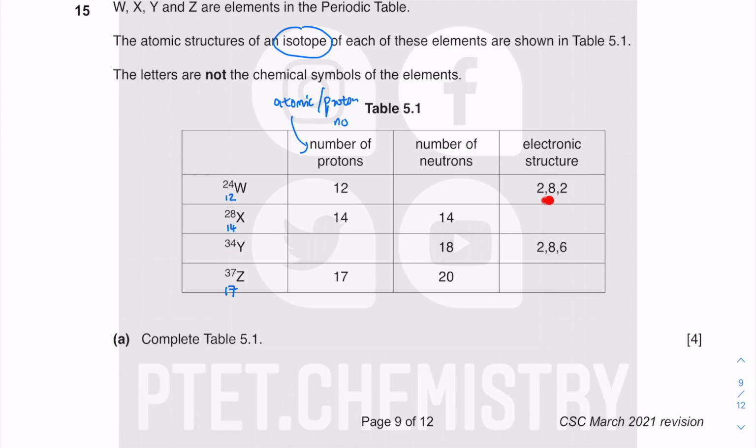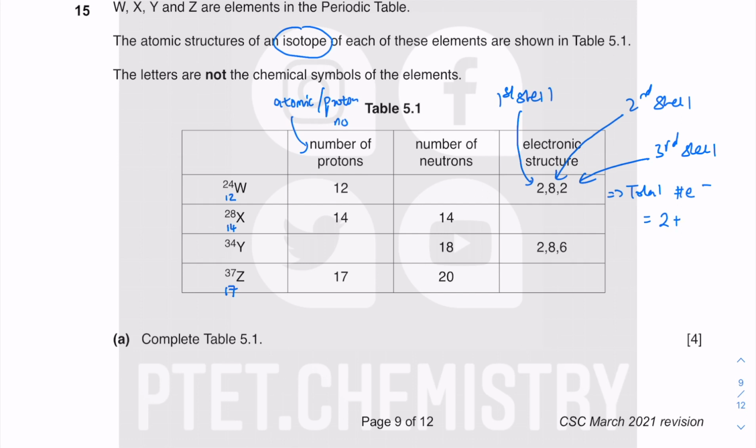The electronic configuration is 282, meaning that is the first shell, that is the second shell, and that is the third shell. So the total number of electrons is 2 in the first shell plus 8 in the second shell plus 2 in the third shell.